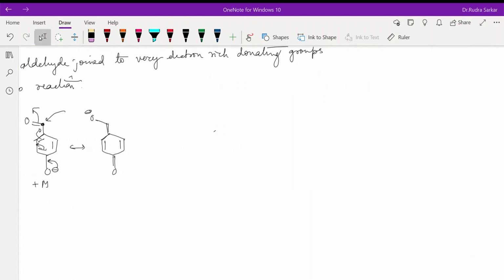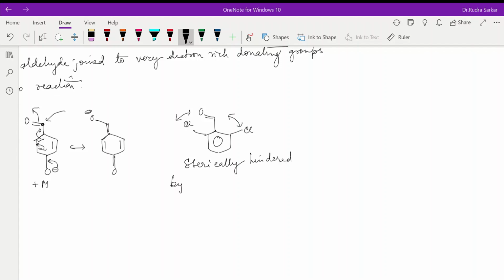Now, an aldehyde, something like this, will not undergo Cannizzaro reaction because it is sterically hindered by the occupancy of the ortho chlorines.